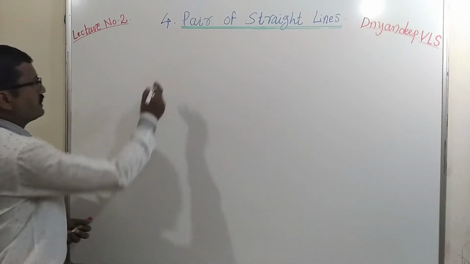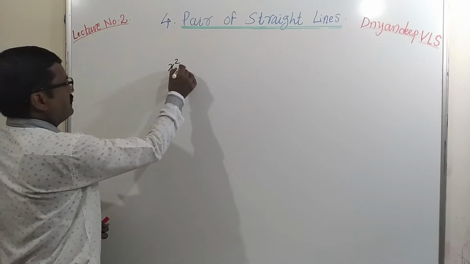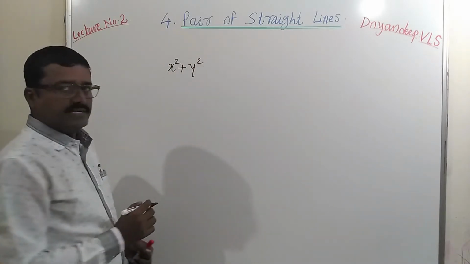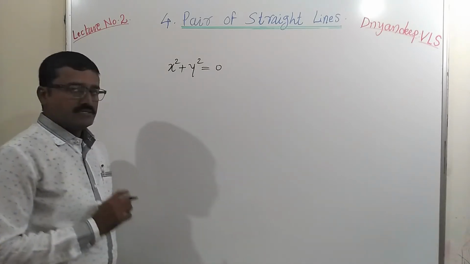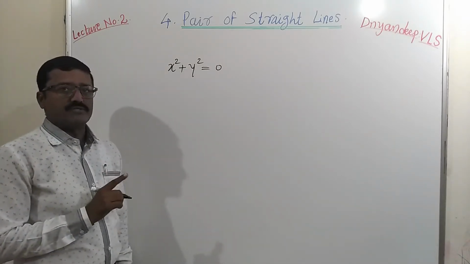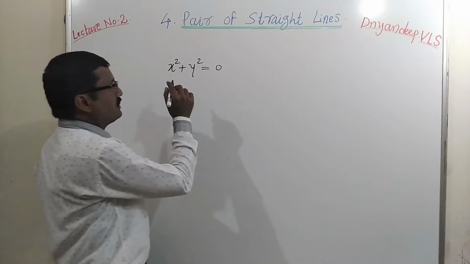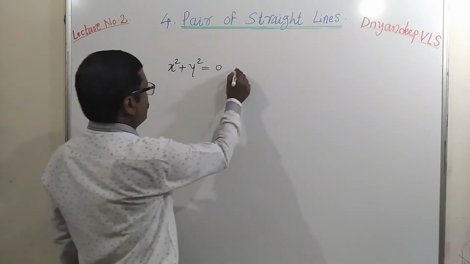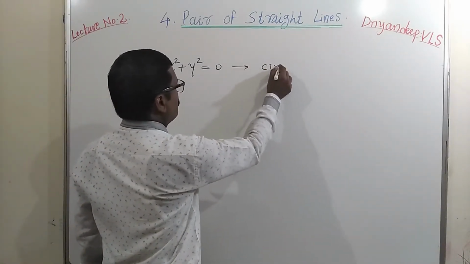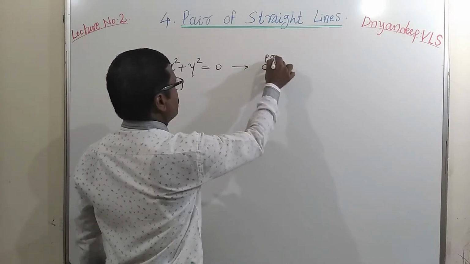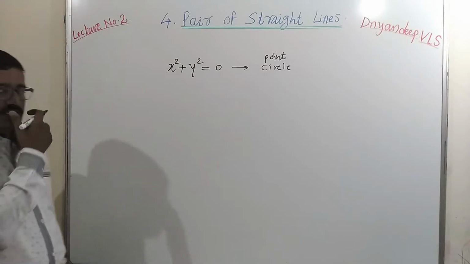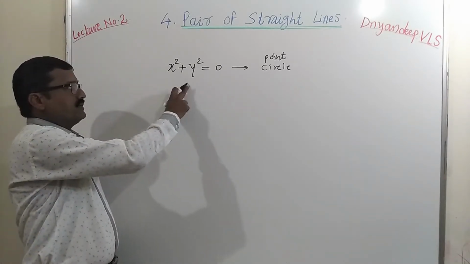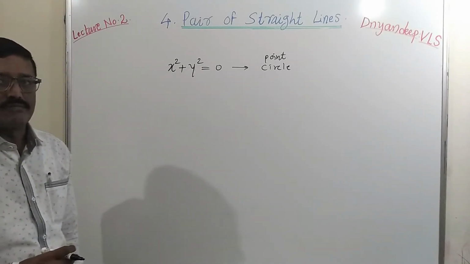For example, if we take a homogeneous equation of degree 2 equal to 0, even though it is homogeneous of degree 2, it is not the equation of pair of lines, because this equation represents a point circle. So even though it's a homogeneous equation of degree 2, it's not a combined equation of pair of lines.